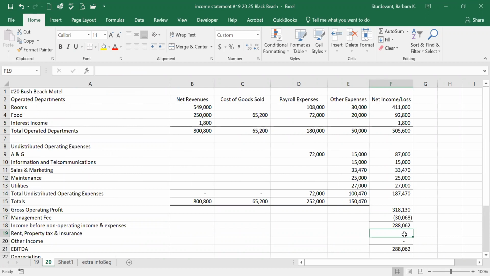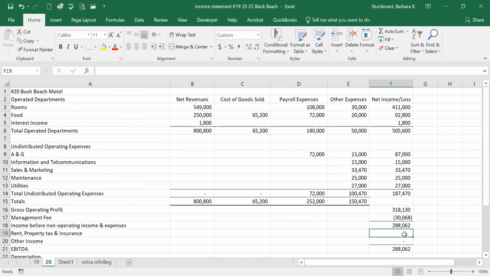Do we have any rent or property tax? What do we have? Property tax of 15,000. Okay, so the two of those added together would be 33.